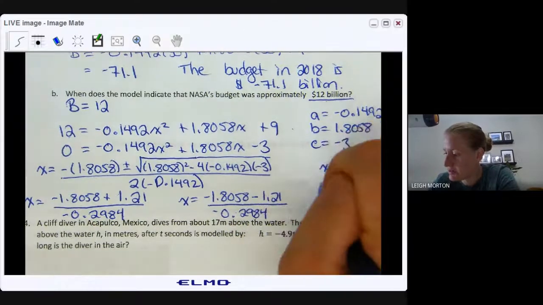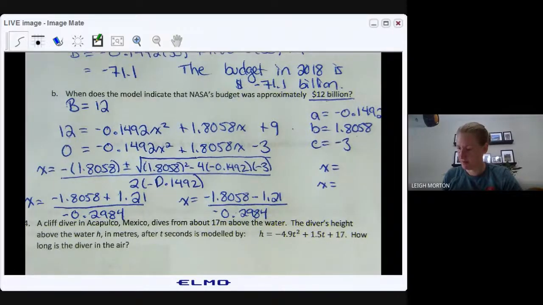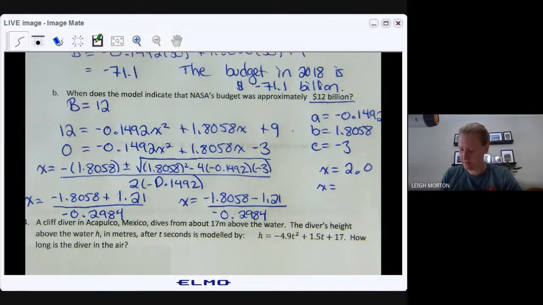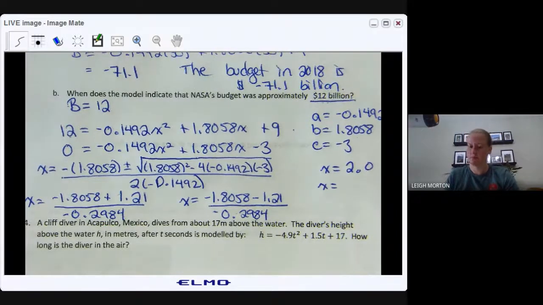So I get my 2 x values as 2.0 or -1. A lot of calculations, eh?